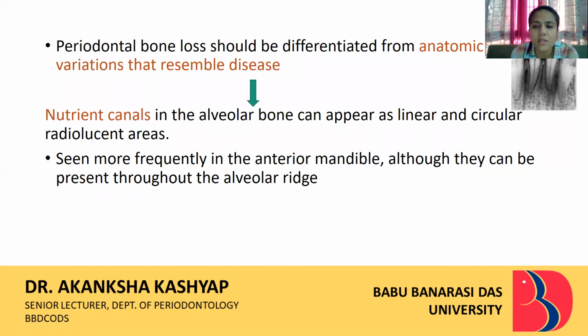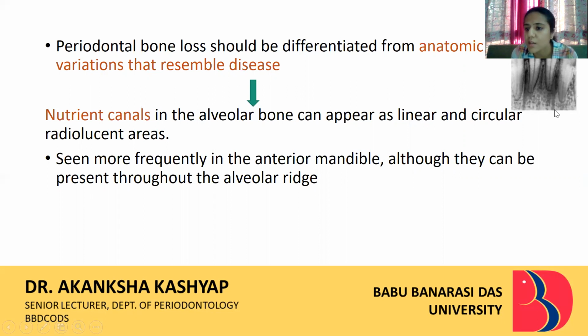Also, periodontal bone loss should be differentiated from anatomical variations that resemble the disease. Like here, we can see radiolucencies, and we cannot easily make out what this radiolucency is. Is this actually bone loss, or some anatomical variation? It is very difficult to differentiate these on radiographs.